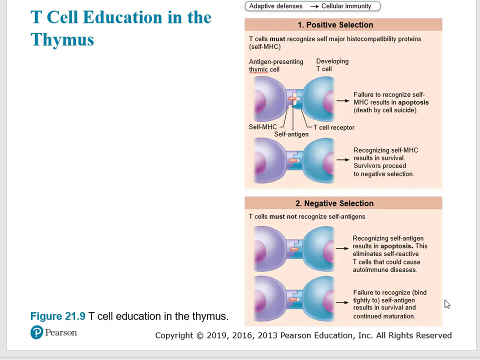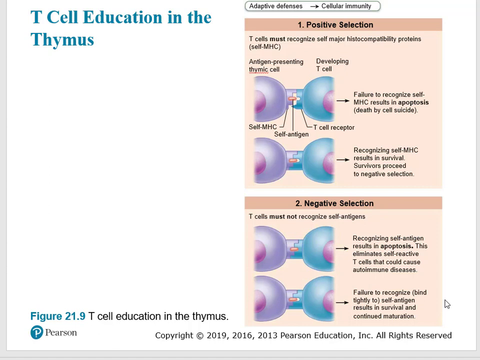So you have to positively identify the self-antigen that's on the cell. The second step is negative selection, where you should not bind strongly to the self-antigen, the MHC, on that self receptor that we have.